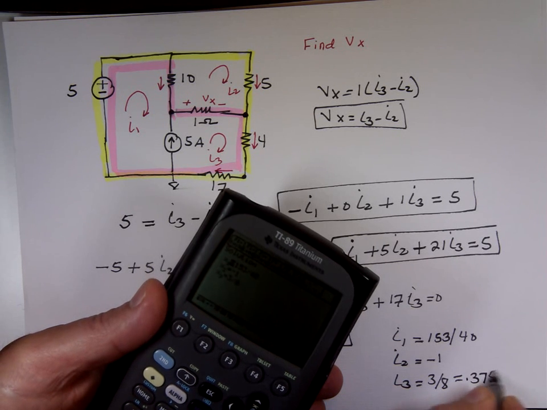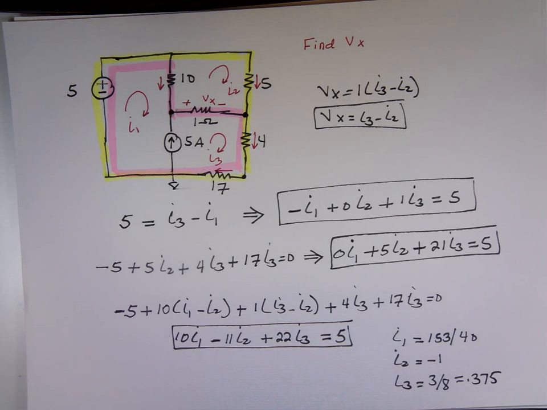So what is 153? Oh, get out of this. I should put my calculator in approximation mode, make my life easy. 153 divided by 40 is 3.825.